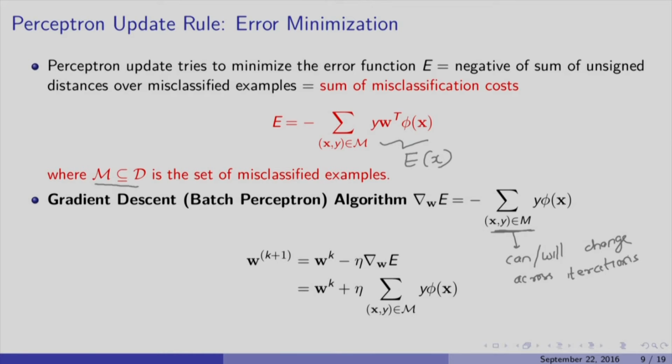So this is a simplistic assumption that the points remain the same. If you take the gradient, you will have summation over the same set of misclassified points of y times phi x. The gradient descent rule is then w k plus 1 is w k minus the gradient times the learning parameter, and that turns out to be eta times sum over misclassified points of y times phi x.